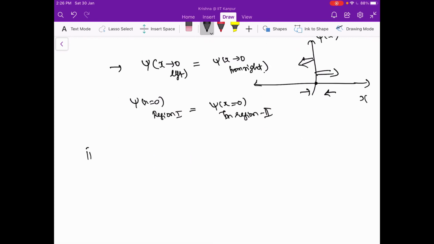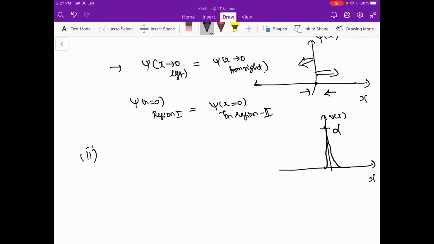Now for the second boundary condition, which is specific for this particular example, we have assumed the potential to be a delta function, which is discontinuous, but still does not go to infinity, mind you. So this is v of x as x goes to infinity, just like this. This is alpha.